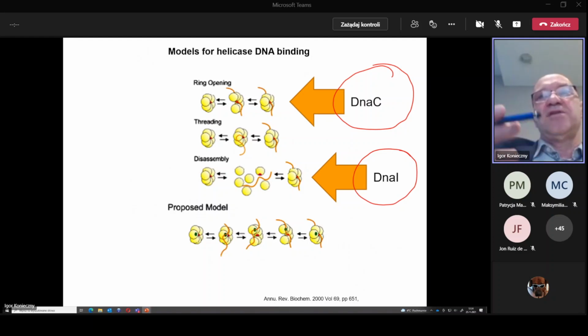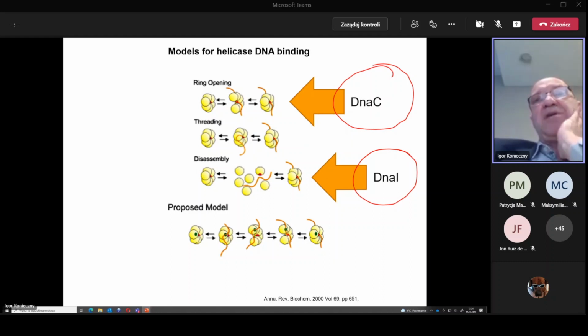So these two possibilities are still relevant, and we have to consider that the helicase ring could be open, but also the helicase could be reassembled onto the double-stranded DNA and single-stranded DNA de novo from individual protomers.